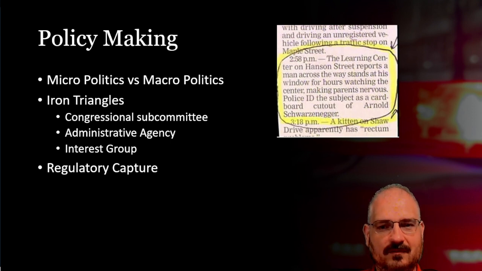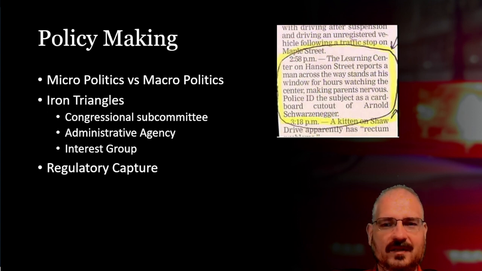Micropolitics is a huge percentage of the politics that actually happens, and the politics that actually affect people's lives, but it doesn't get a lot of national attention usually. It's one small thing passed to help some small area or small group of people.